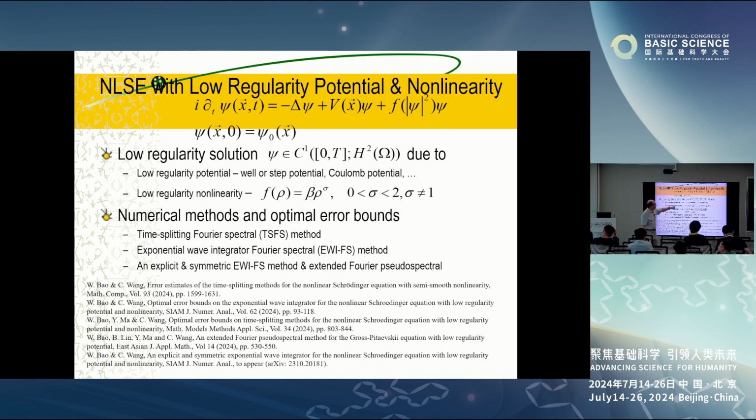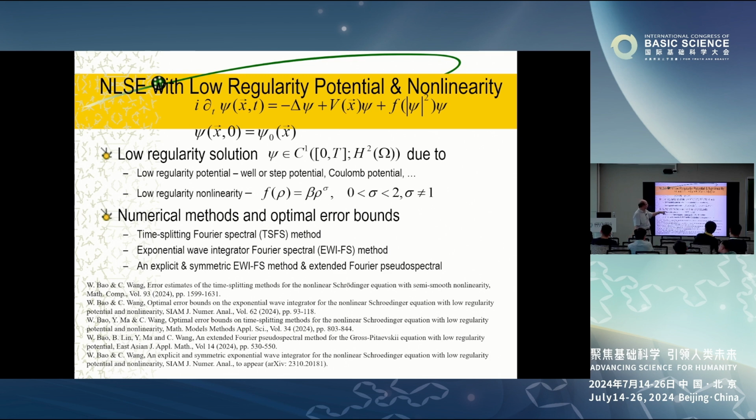So like a well potential or step potential or Coulomb potential. Or my F of rho takes the form F of rho equal beta times rho to the power sigma, sigma between 0 and 2 not equal 1, like a Lee-Huang-Yang correction, something like that. So in this case, my solution psi is in H2. In this case, many numerical methods like finite difference may converge, but with no convergence rate.